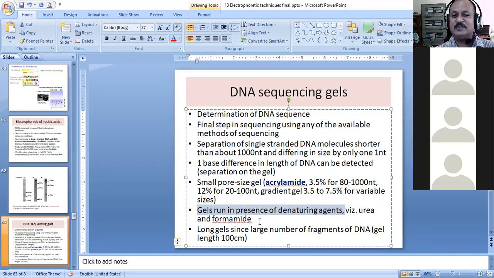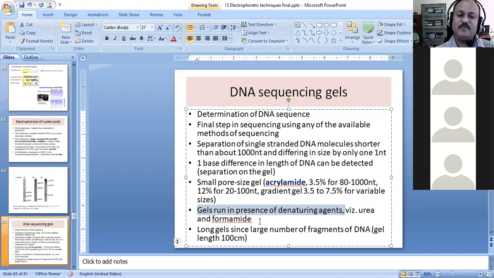And when such double stranded regions are formed in the molecule, then the molecule shape will become very complicated. That is called as secondary structure of the DNA or RNA. And because of the secondary structure formation, these molecules will not run on the gel properly.